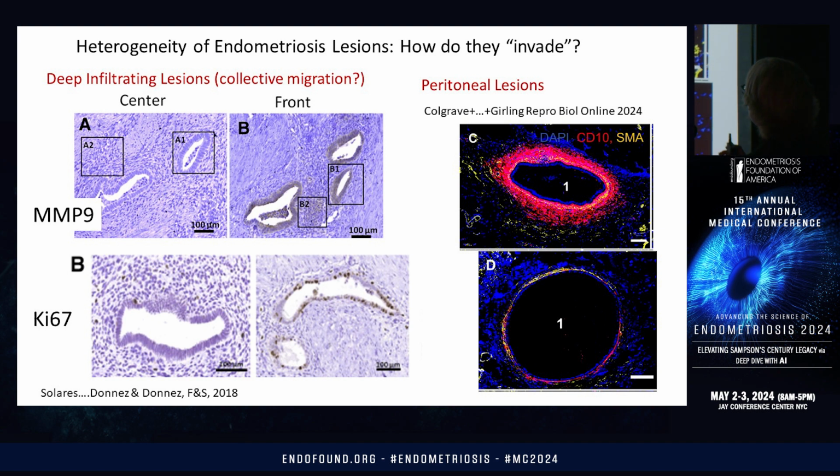I love this paper because it shows many different types of peritoneal lesions, and it's showing the CD10 positive, those are characteristic of stromal fibroblasts in the endometrium, and smooth muscle actin activated fibroblasts in different types of peritoneal lesions. So these are somewhat concerning if we're thinking of modeling and trying to address a drug that would capture all these different phenotypes, but we can do it.